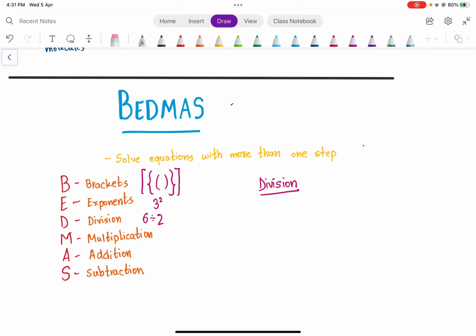Now, what is division? To explain this, I need you to imagine that you have 10 pieces of candy. So 10 candies. Let's say you have 4 candies.